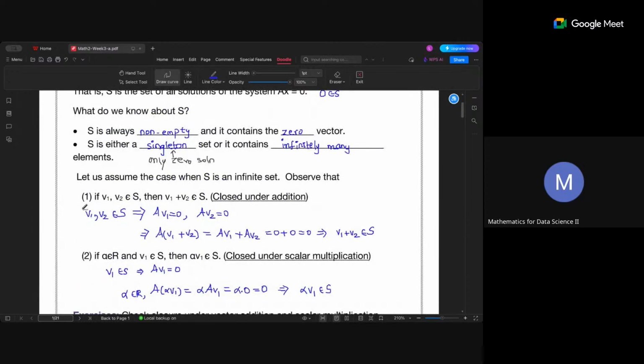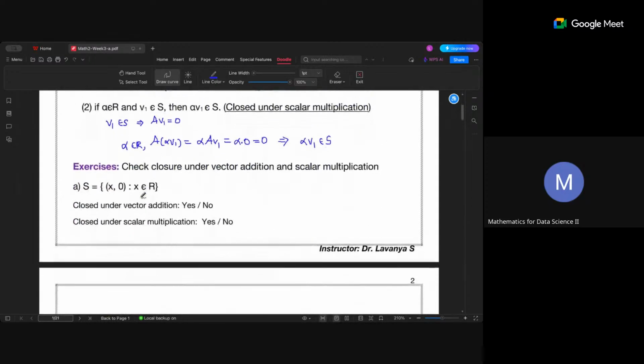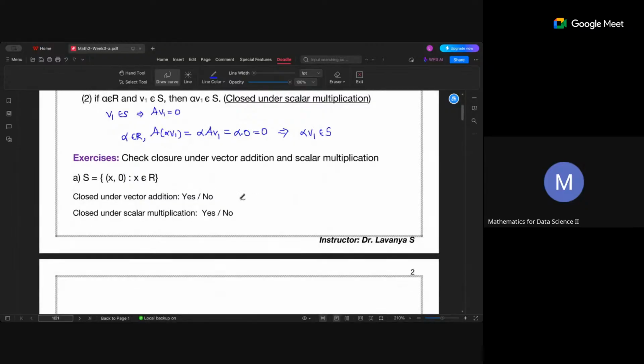You first need to take two random vectors from the set, right? So let us say you have two vectors v1, v2 from S. How does v1 look like? x1, 0. And v2 is x2, 0.